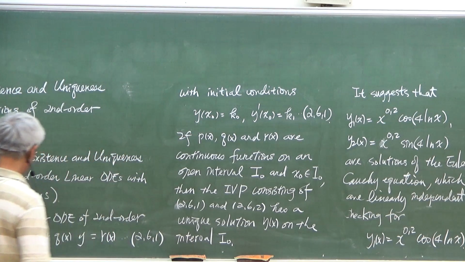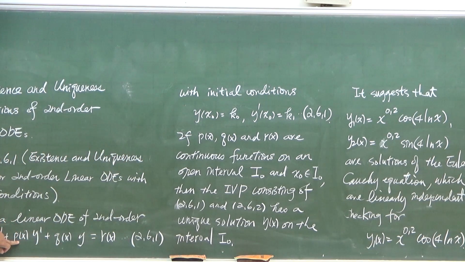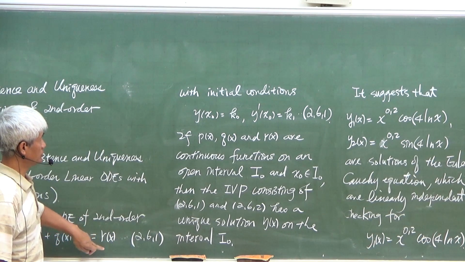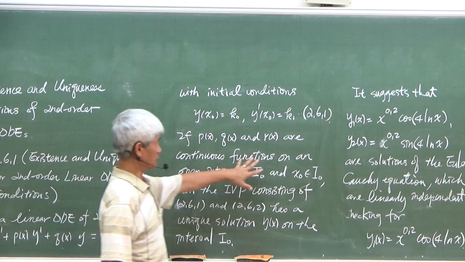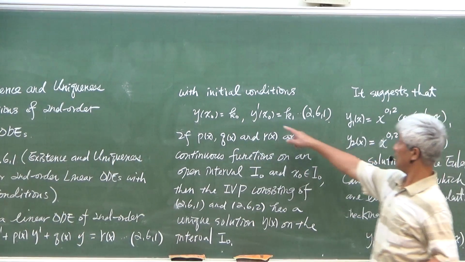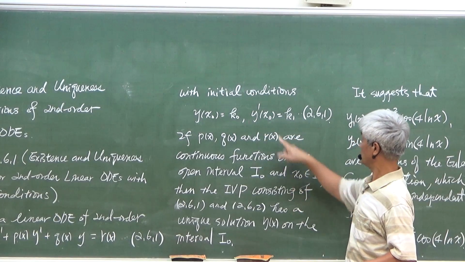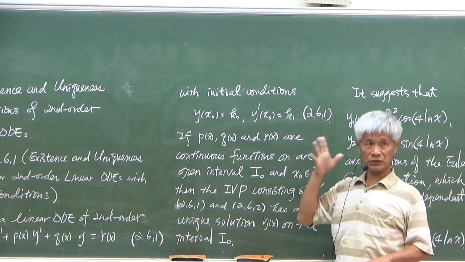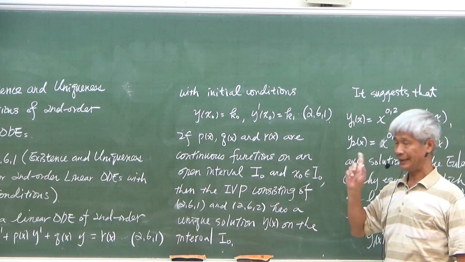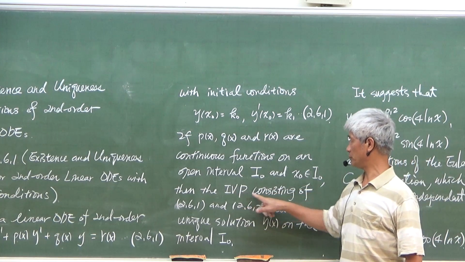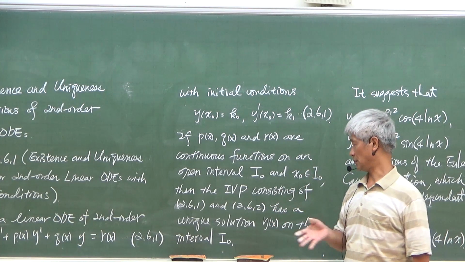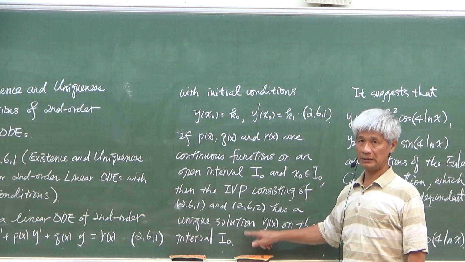If the coefficients P(x), Q(x), and R(x) are continuous functions on an open interval, and x0, which is used to specify the initial conditions, is in the open interval. Then the initial value problem has a unique solution on the interval I0.